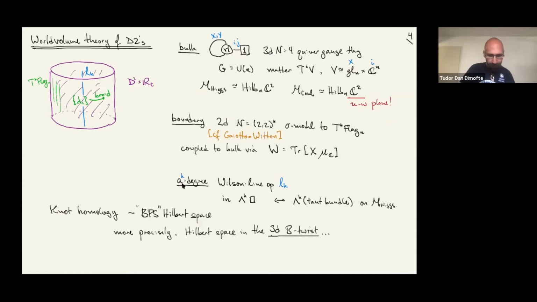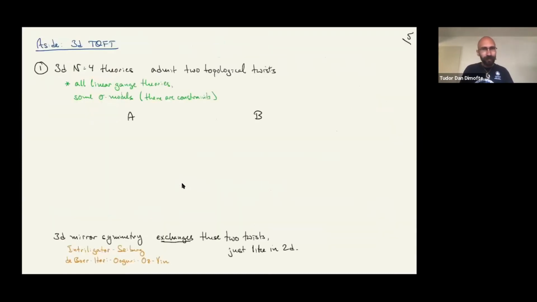And at this point, I need to have a little digression into topological field theory in 3 dimensions. So first, all 3D N=4 gauge theories admit 2 topological twists, and sigma models admit these twists, but with certain constraints that are beyond the scope of the present talk.